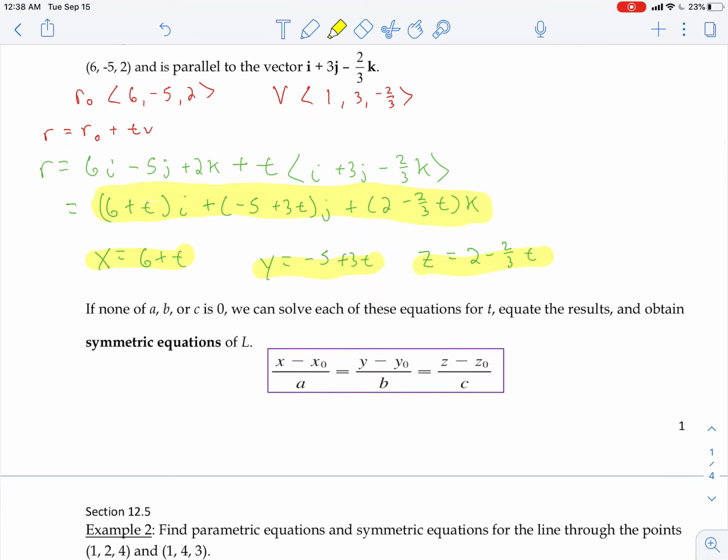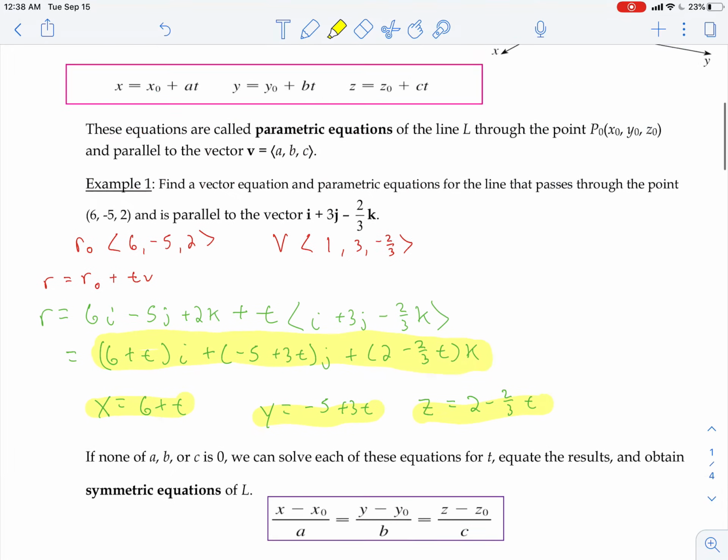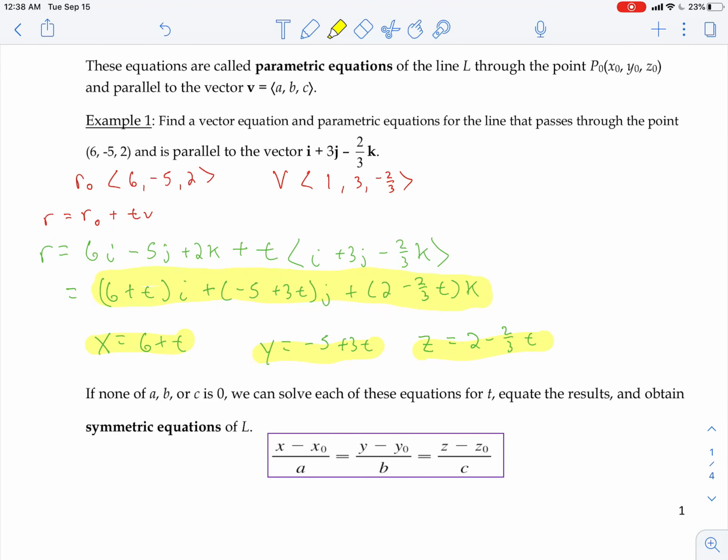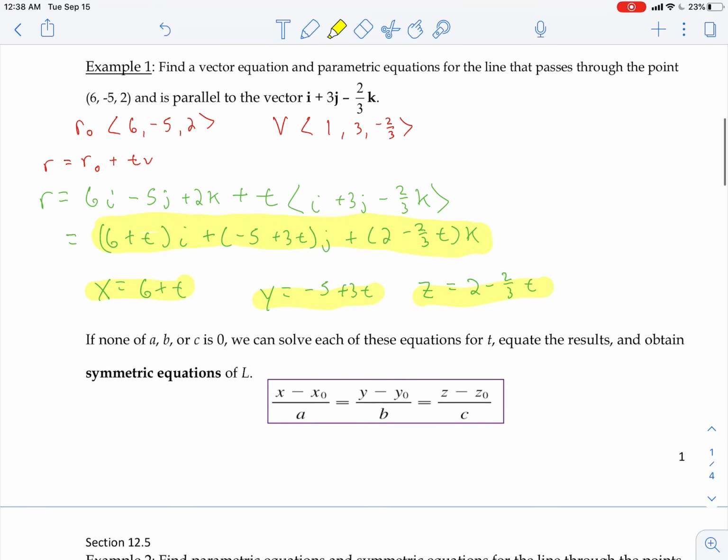And so those are the parametric equations. Alright. Now, one thing that you need to notice is that if none of a, b, or c is equal to 0, so for our vector v, if our values are not 0, then we can solve each of these equations for t and equate the results to obtain the symmetric equations of L. So basically, we can take all of our parametric equations right here and solve all those for t.